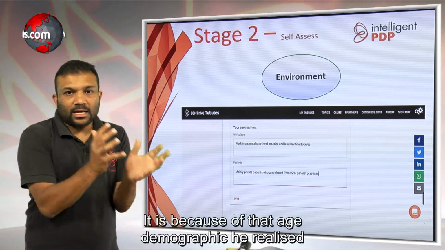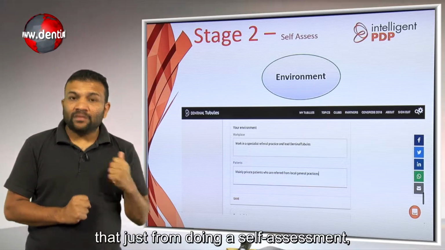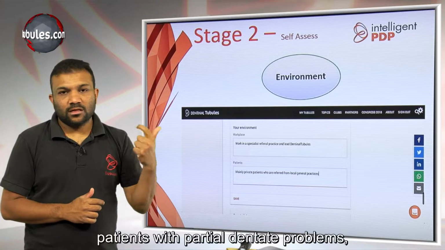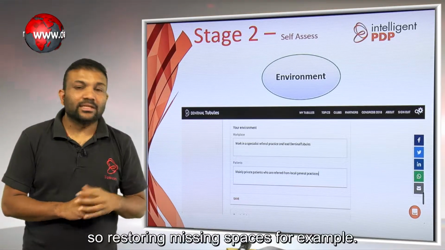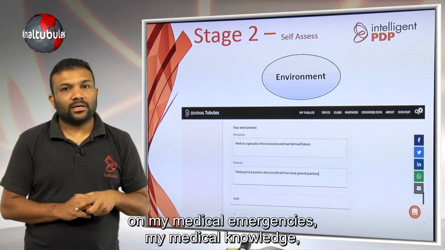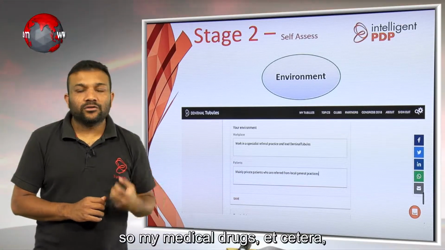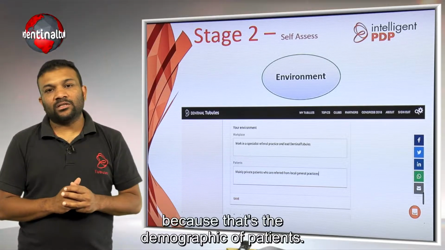Just from doing a self-assessment, he realized that because of that age demographic he would be better off learning about tooth surface loss, and patients with partially dentate problems, so restoring missing spaces, for example. And he said, I need to really polish up on my medical emergencies, my medical knowledge, my medical drugs, etc., which have relevance in practice because that's the demographic of patients.